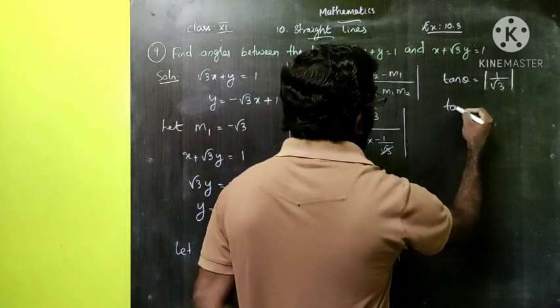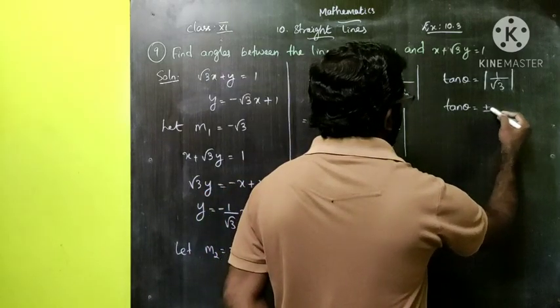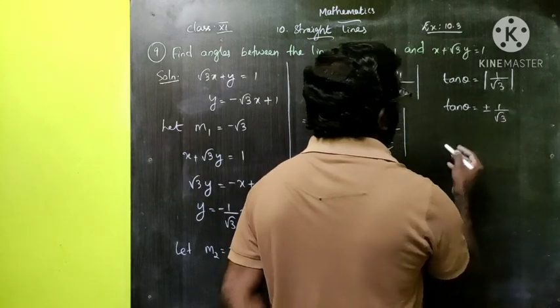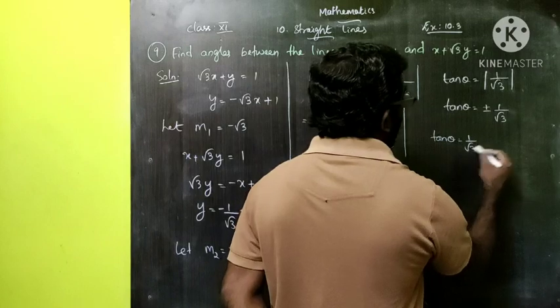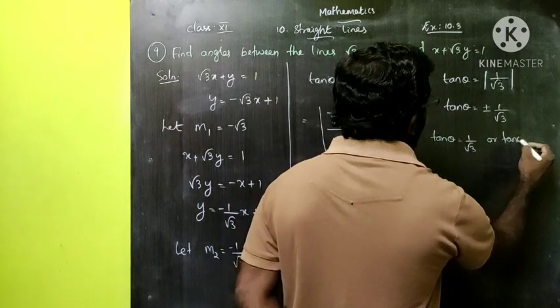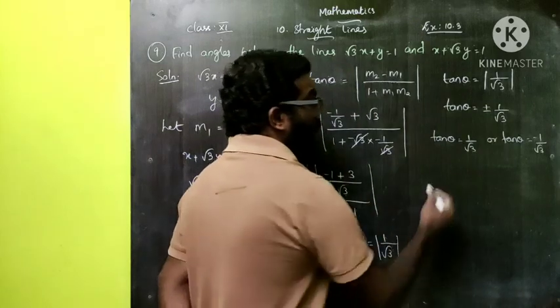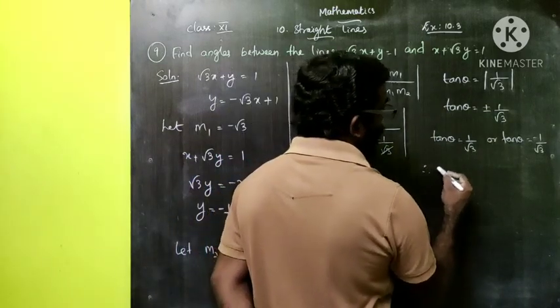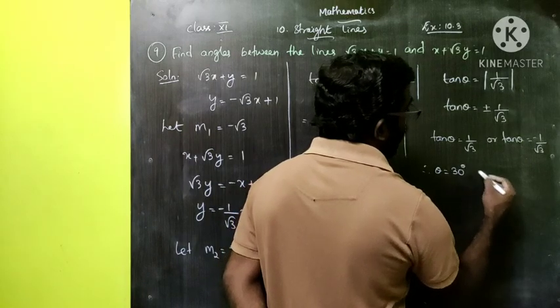That is tan theta is equal to modulus of 1 by root 3. Or we can write, after removing the modulus, plus or minus 1 by root 3. That means tan theta can be 1 by root 3 or tan theta is equal to minus 1 by root 3. Tan theta 1 by root 3 implies theta is equal to 30 degree.